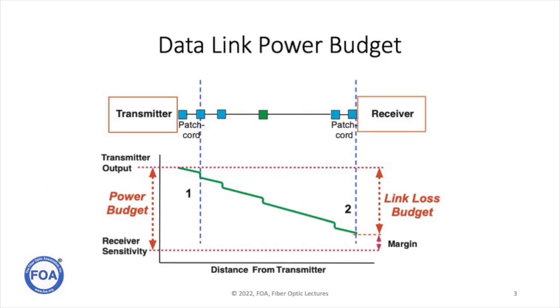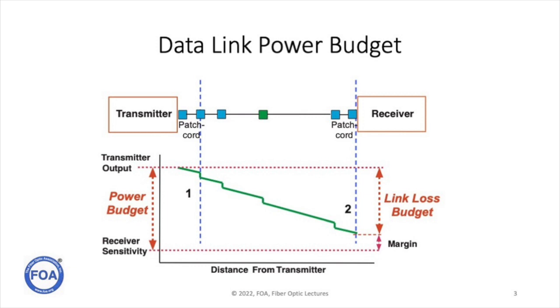This is a diagram of the power in a data link. We have the transmitter and the receiver and the cable plant in the middle with connectors and splices. The green line in the bottom graph is the actual power in the fiber at any point in the distance from the transmitter. So it shows the transmitter output at the first patch cord connected to the transmitter.